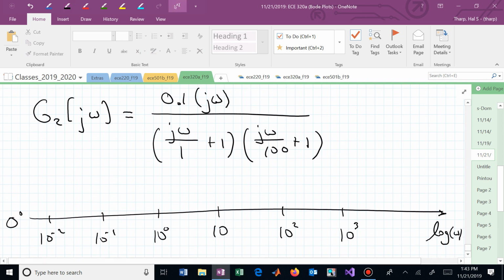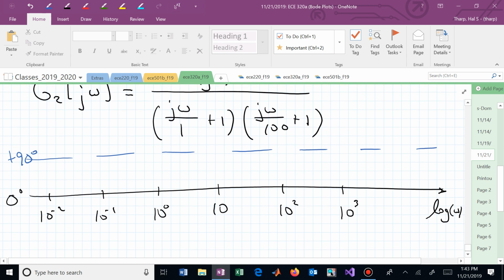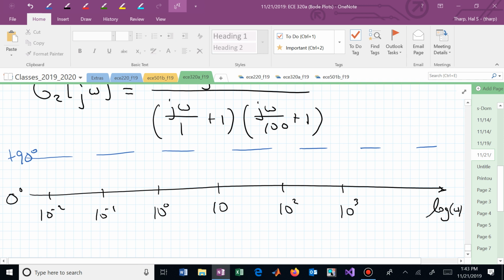I have 90 degrees due to the 0 at the origin. Always. Then I have to worry about turning on and turning off the slopes due to these linear factors. They're both contributing eventually minus 90 degrees.